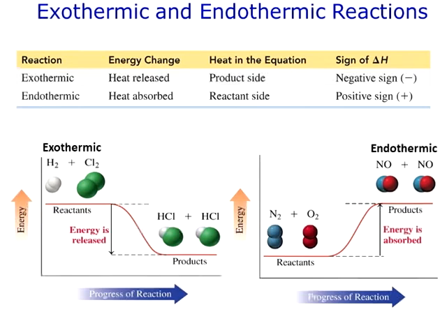So we show you here some examples of endothermic and exothermic to expose you to how it is written in a balanced equation. Notice the sign of the exothermic and endothermic. In the case of an endothermic reaction, we don't actually write the plus sign.